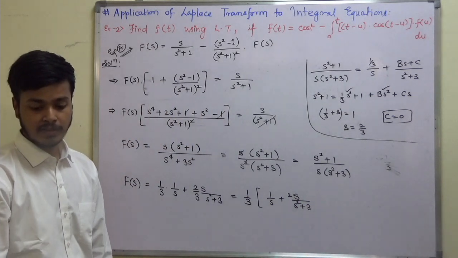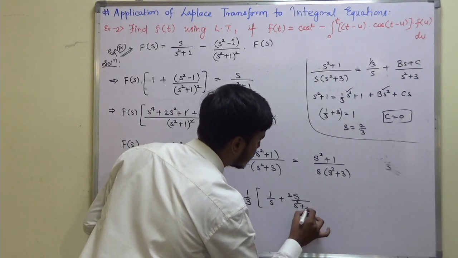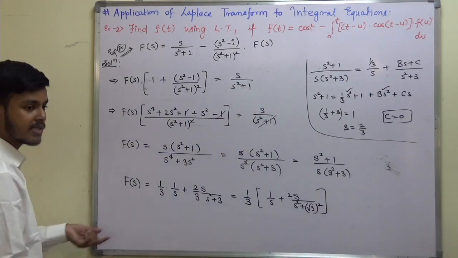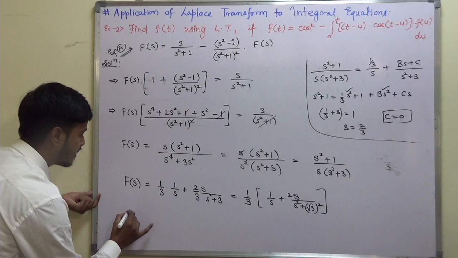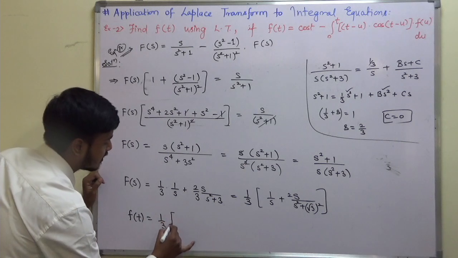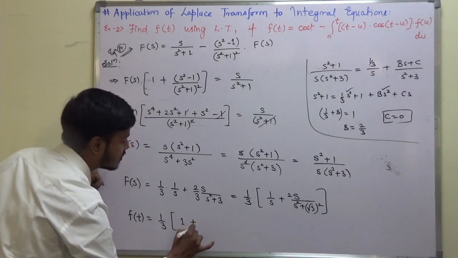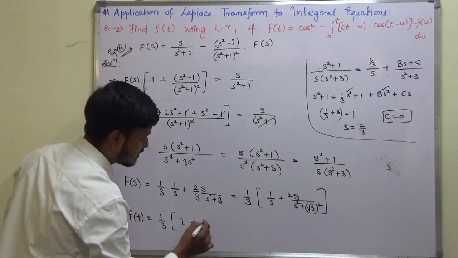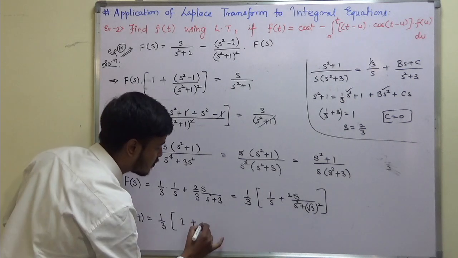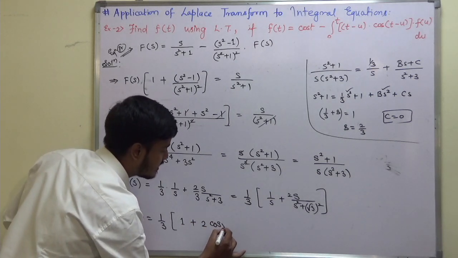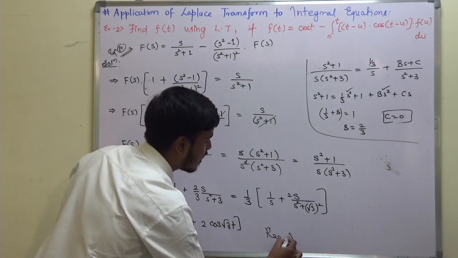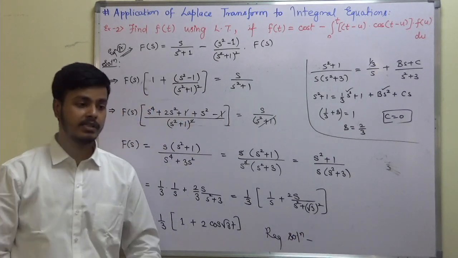Now this 3 can be written as root 3 square. Taking inverse Laplace transform on both sides, you will get f of t is equal to 1 by 3 times the inverse Laplace transform of 1 by s, which is 1, and the inverse Laplace transform of this is 2 cos at, where a is root 3, so cos root 3 t. So this is the required solution for the given problem.